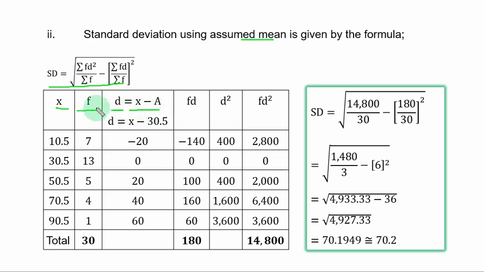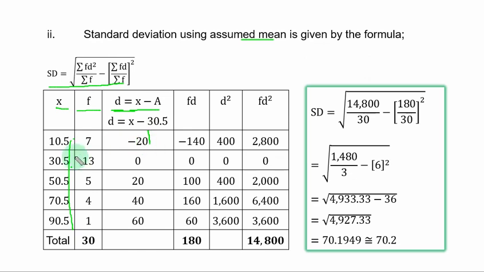So the assumed mean given is 30.5. So you subtract 30.5 from each value under S. That gives the deviation. So you have 10.5 minus 30.5, you have minus 20.